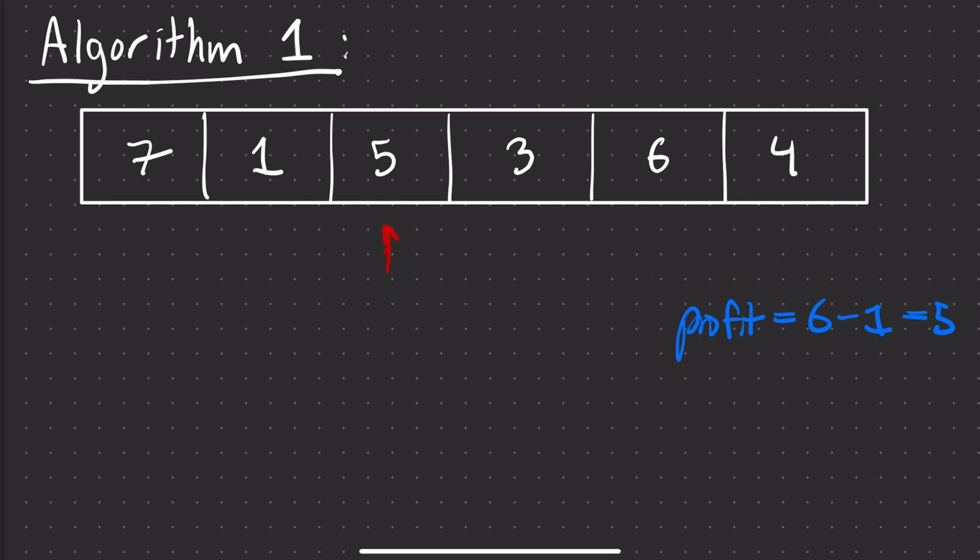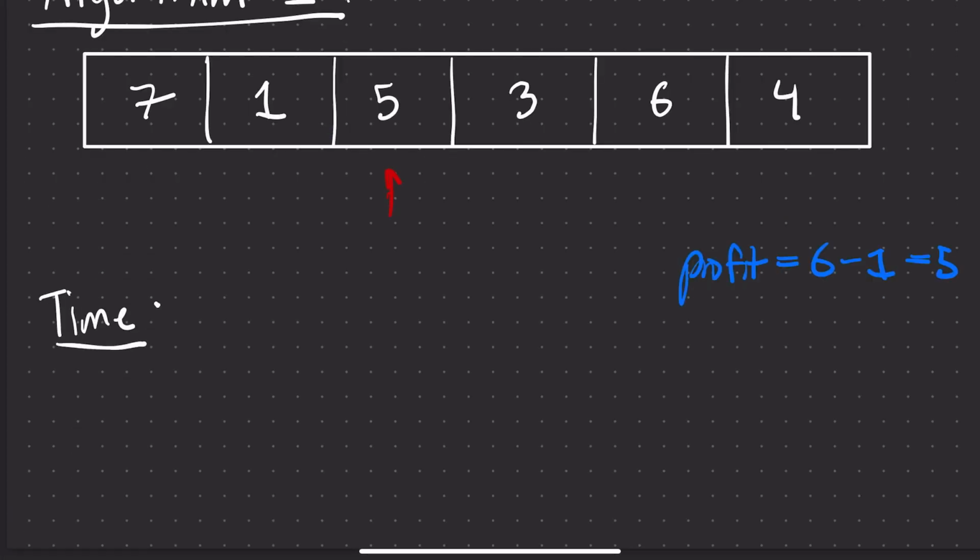Okay, so what's the time complexity of this? So the time complexity would be O of n squared. So why is it O of n squared? Because we're basically looping over and over again, right? So we start at 7 and then consider these numbers. And then we start at 1 and then consider these numbers.